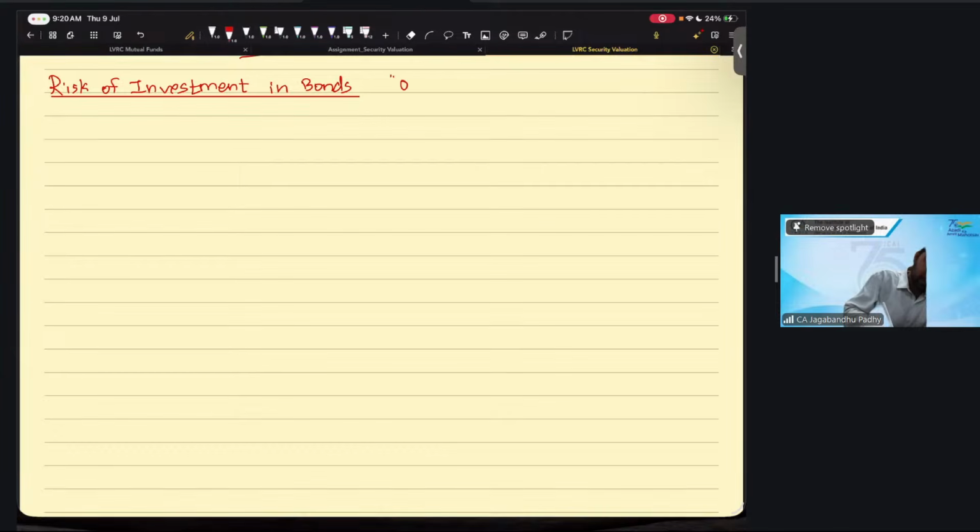Can we say the risk of investment in bond is zero? No. We can say it is not zero.